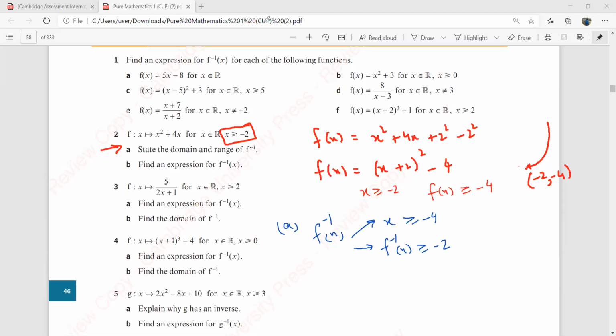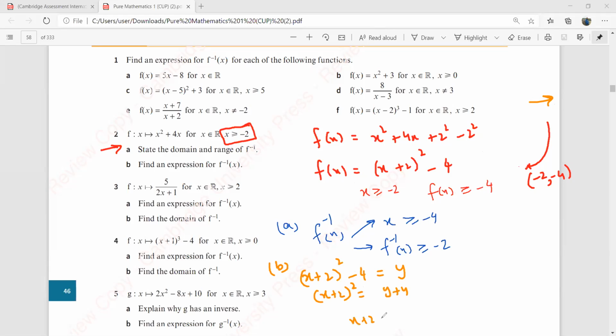And then it says find an expression for the inverse. So guys, you know how to do that. The square is already completed. The domain is pointing towards the right side. So when you take the square root, you will keep a positive sign there. We shall simply put that equal to y, and you will make x the subject. So x plus 2 whole square is going to be y plus 4.